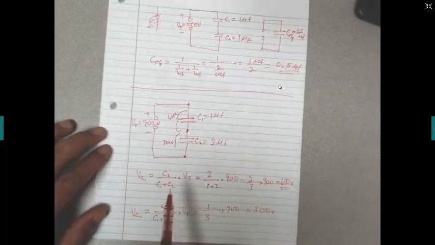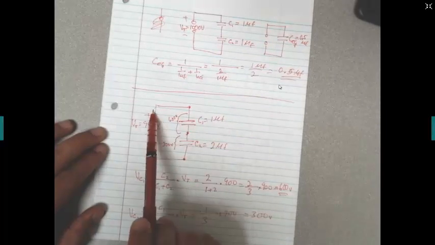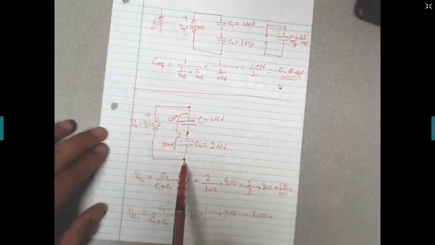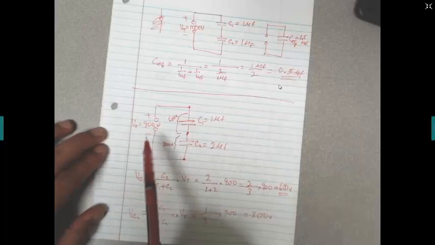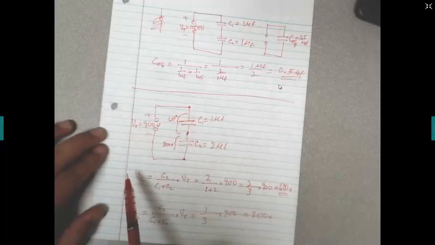So in this case right here, 900 volts is applied to this series of capacitors. This voltage has to be divided between these two items right here.